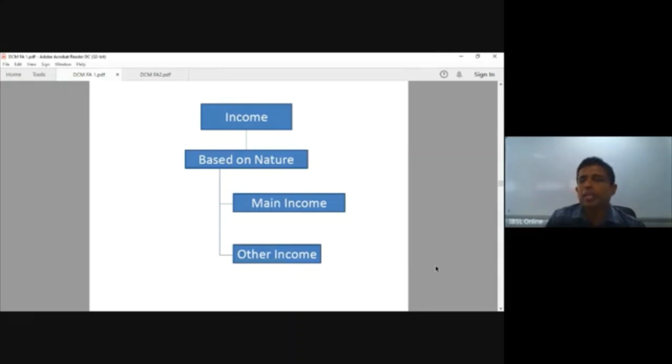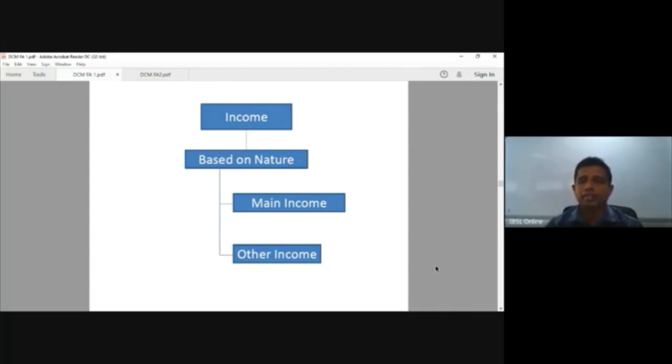If I quote a few examples, in a bank, the main income is interest income. When you have investment income, those are called other income. But in a company like Dialog, the main income will be prepaid and postpaid charges. Their interest income is another income.